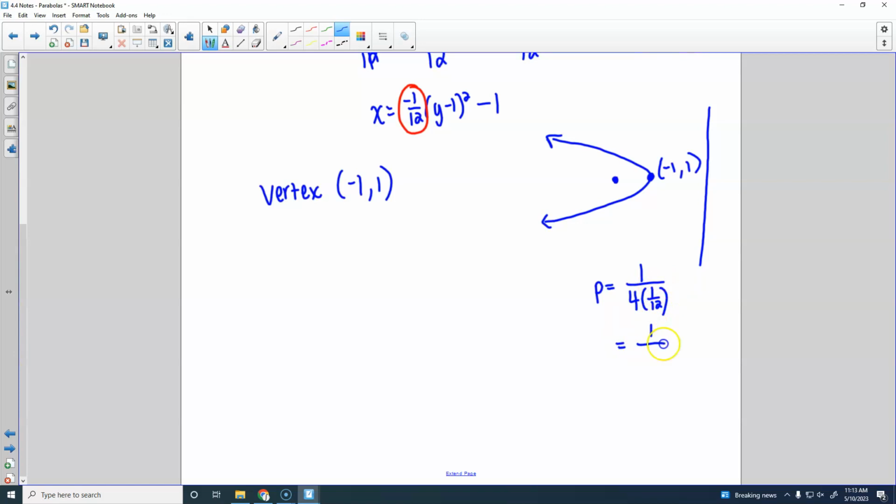So this one's a little trickier. 4 times 1/12 is going to be 4/12, which reduces to 1/3. And then dividing fractions is easy as pie. Flip the second, multiply, you'll get 3 for that. So your focal length right here is 3.